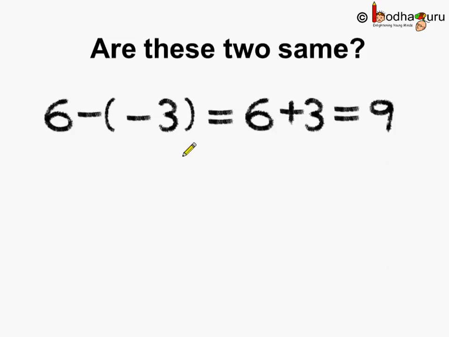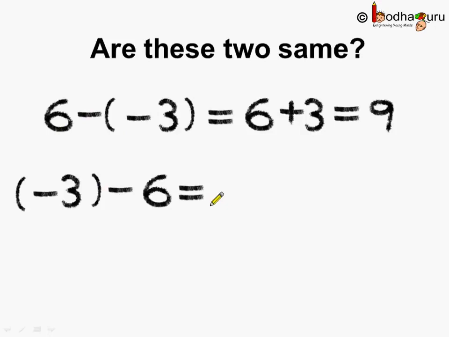Now if we reverse the order of subtraction, then what does it become? It becomes minus 3 first, minus 6. This becomes equal to minus 3 minus 6, which is equal to, we just add the two numbers 6 and 3 and put the common sign which is minus.